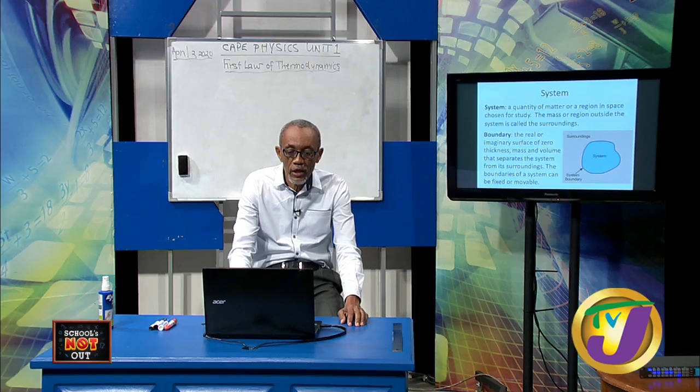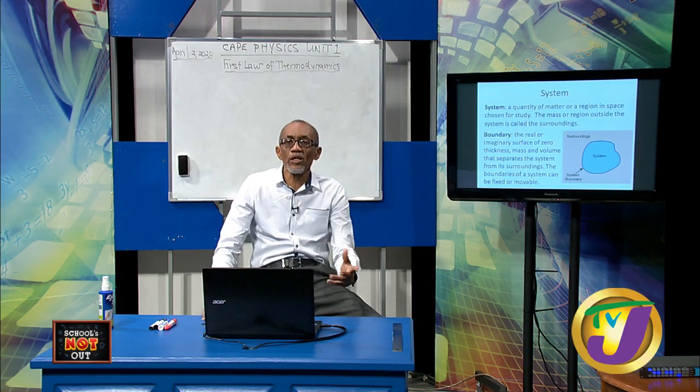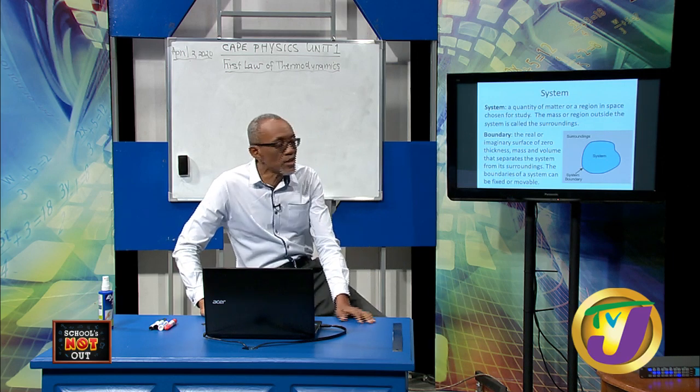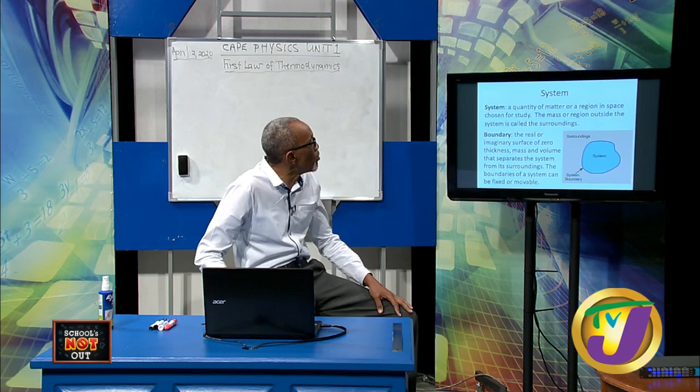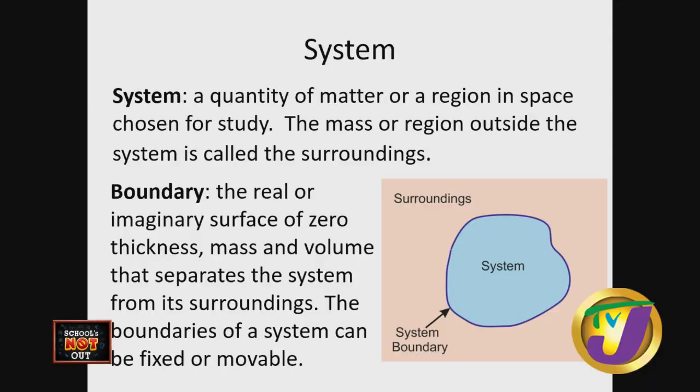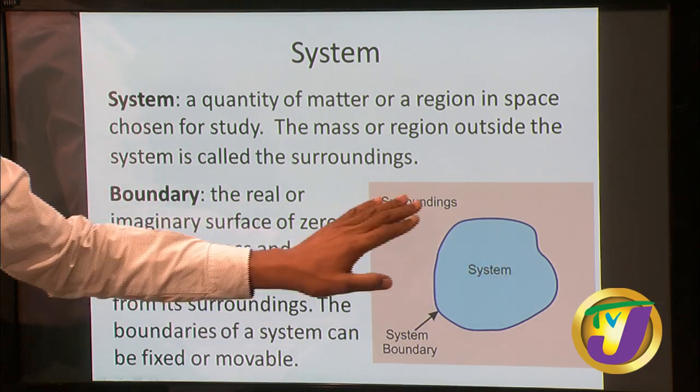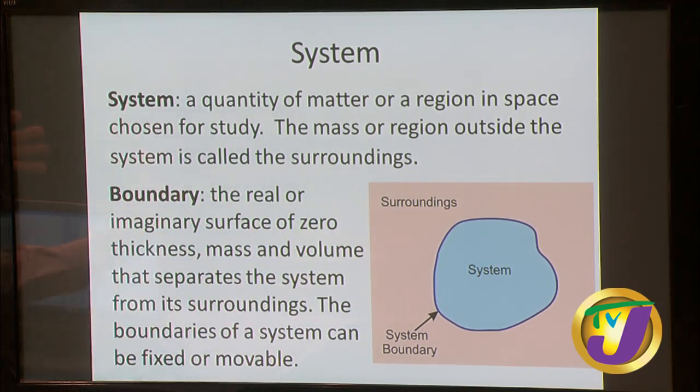Okay. So let's start. A system. What is a system? A system is a quantity of matter or a region in space chosen for study. The mass or region outside the system is called the surrounding. So here we have a diagram. Within this boundary here is the system, and anything outside of the system is called the surroundings.